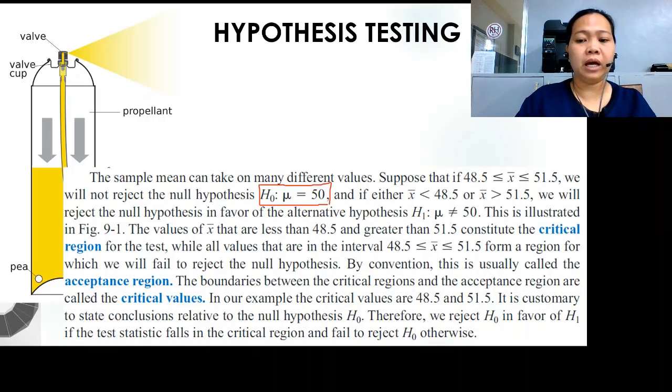And if either the sample mean is less than 48.5 or the sample mean is greater than 51.5, we will reject the null hypothesis in favor of the alternative hypothesis, which is our mean is not equal to 50. This is illustrated in figure 9.1.